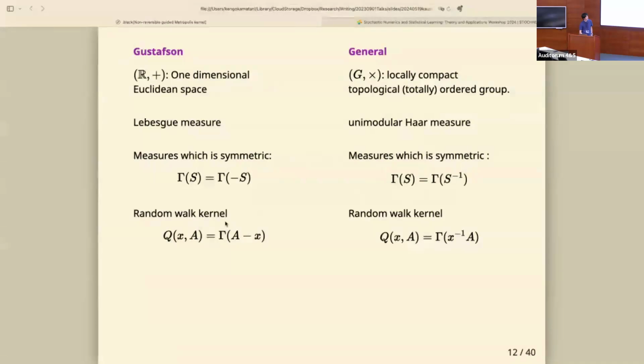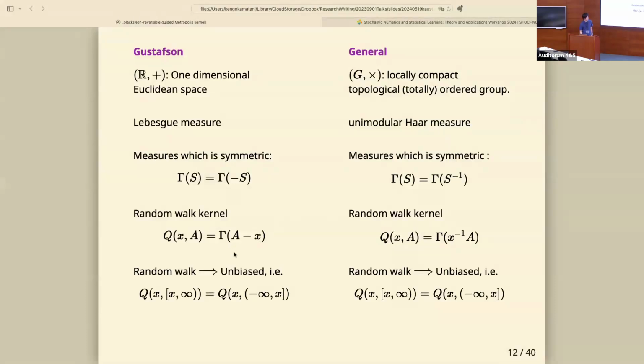We consider the random walk kernel in the Gustafson case, which corresponds to this one on the general space. If we consider it like this, we automatically have unbiasedness. So this is what we want to do, at least in the small space. Now everything is fine in this small space, G.